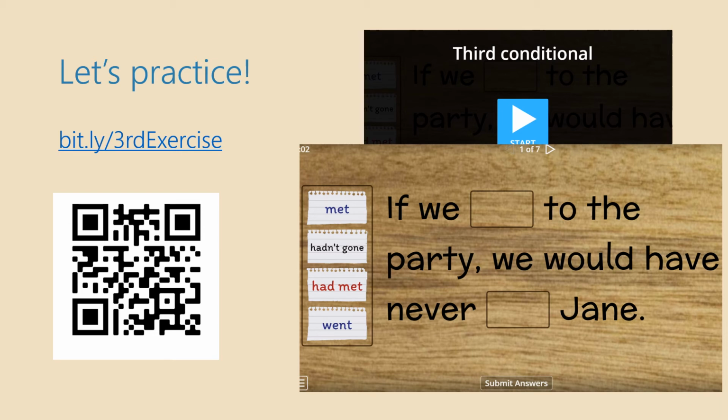Read the sentences carefully. Pay close attention to the form of the third conditional. Don't forget, submit your answers after each sentence, and you will get the feedback if your answer is correct or not. Now pause the lesson and take the quiz.